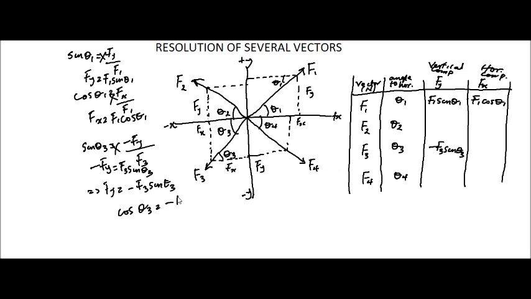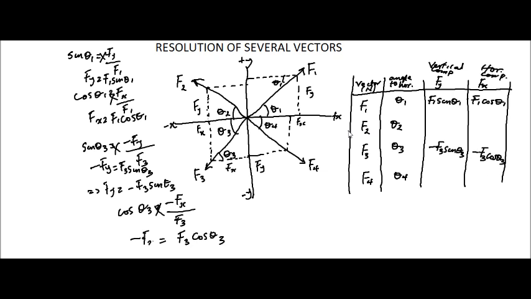So minus F3 over, I'm sorry, that should be minus F subscript x over F3. So if we cross multiply, we have minus F subscript x is equal to F3 cos theta 3. So in this case it's going to be minus F3 cos theta 3.